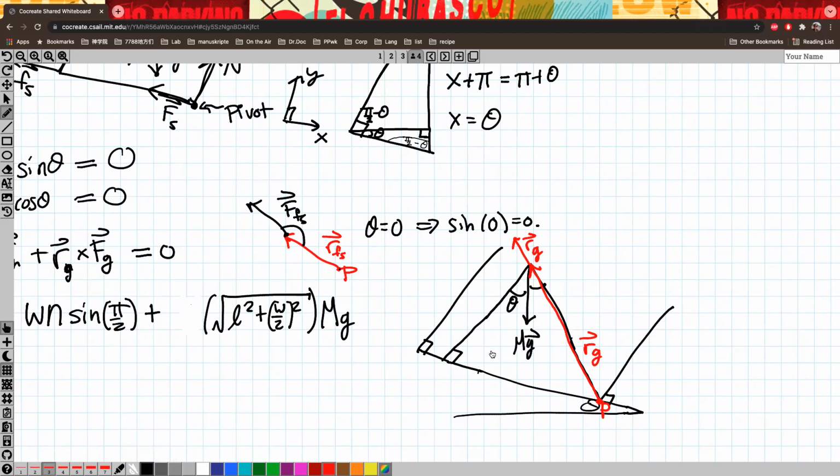Right. I was originally thinking the R would be the same as before, and then I would just say pi over 2 plus theta, but I realized it changes as well. So yeah, we are going to have to do something like this.